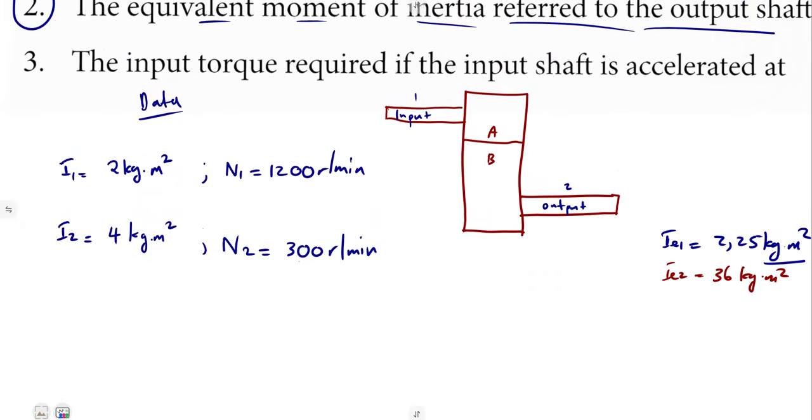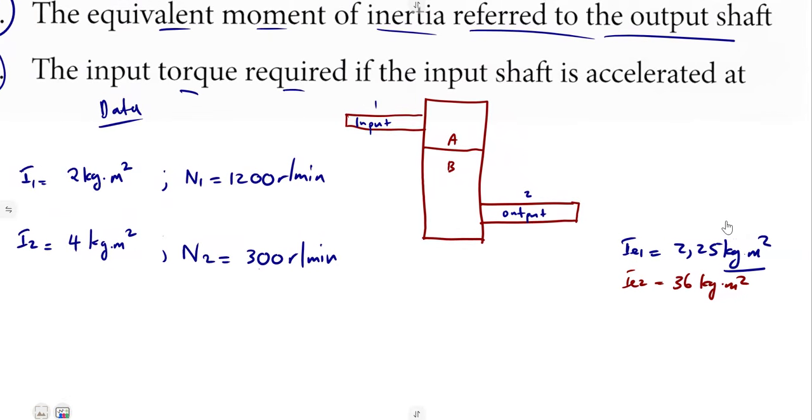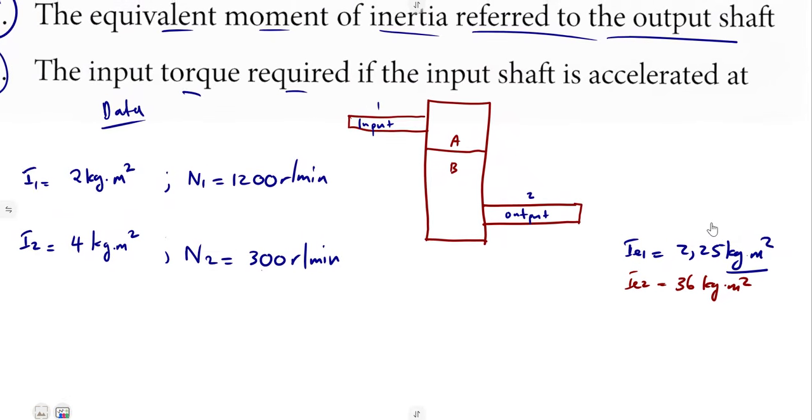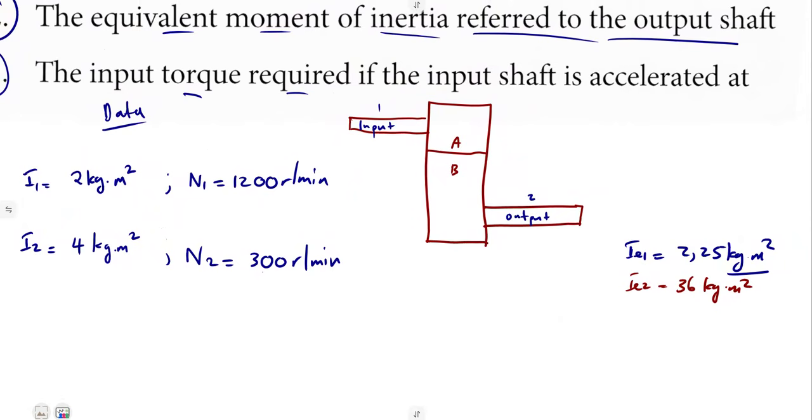Let us move on to number 3. Number 3 is the input torque required if the input shaft is accelerated at, they removed one other part of the information, 2. It was supposed to be accelerated at 2 rad per square second. That was what we had there.